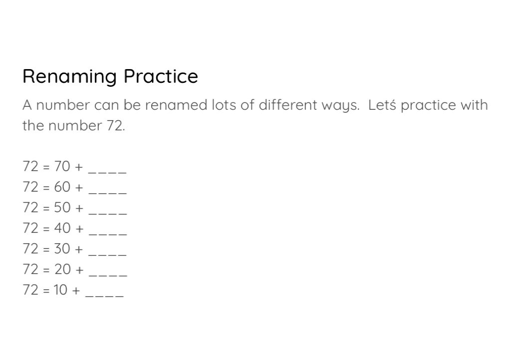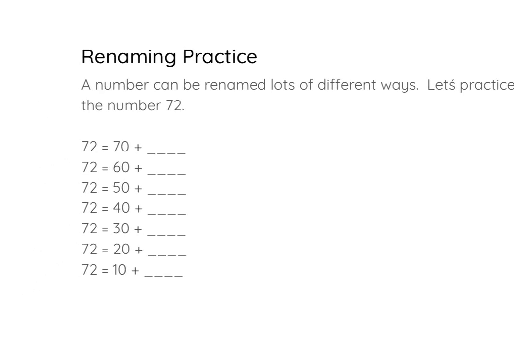All right, let's practice some renaming. This time we're just going to rename with the number 72. So again, press pause and see if you can rename 72 all these different ways.